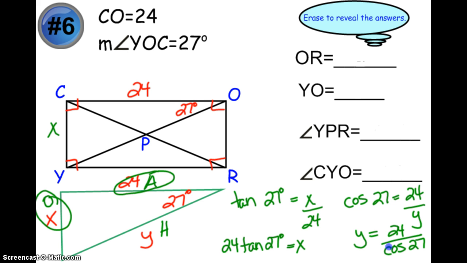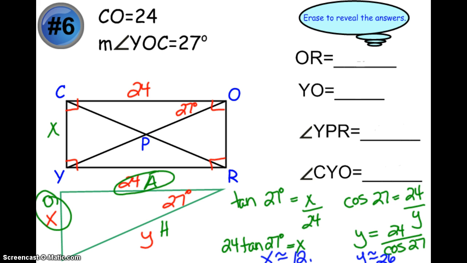Now that I have that information, we can put that into the calculator. So we get x is approximately 12.2, and we also get that y is approximately 26.9.